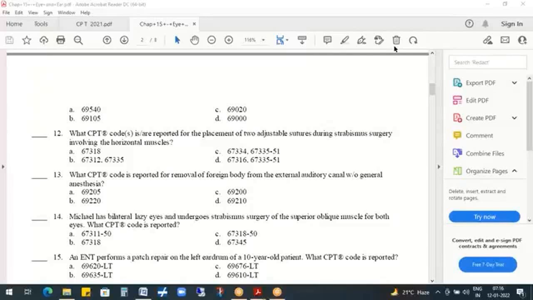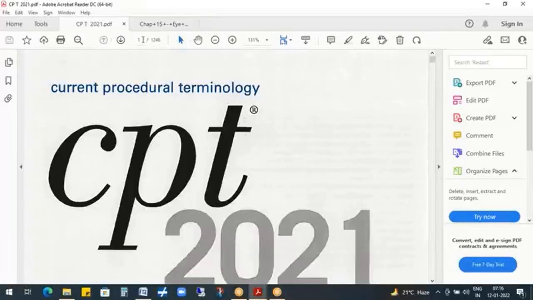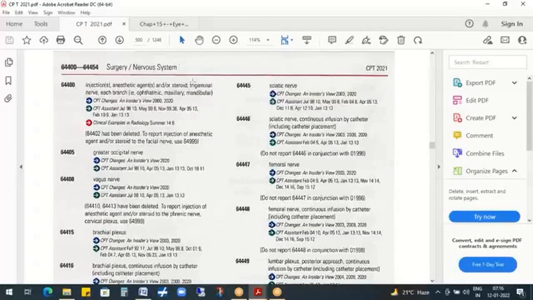What is your answer here? Question number 12, what is your answer? Option B, 67312. Everyone, 67312.